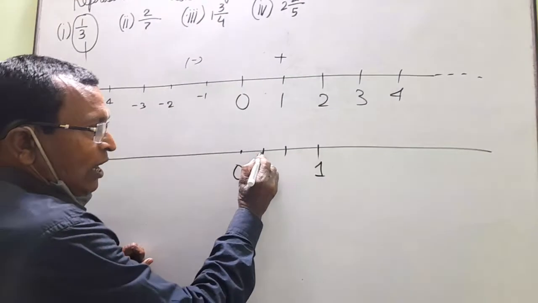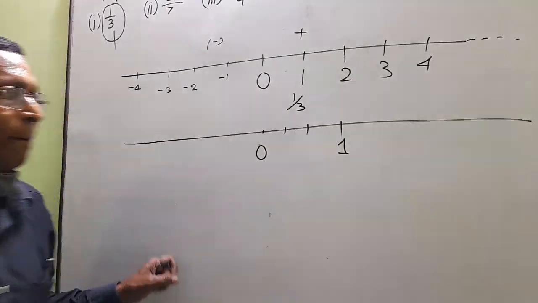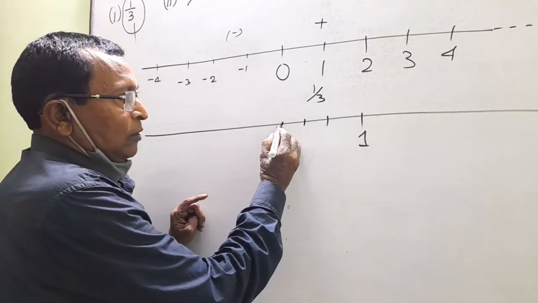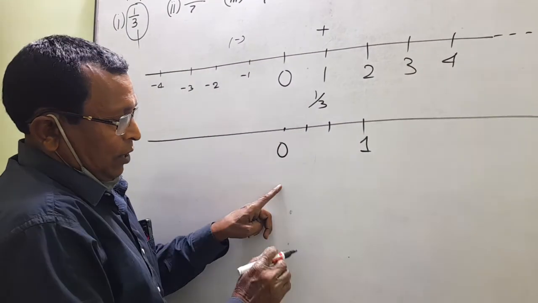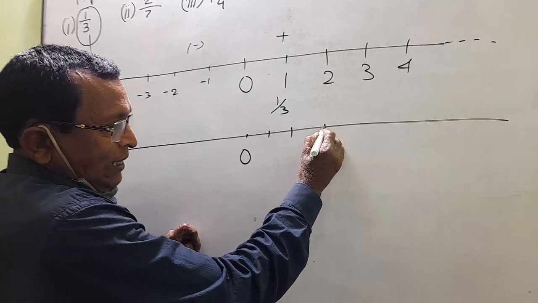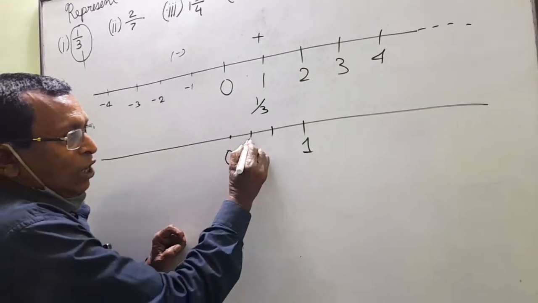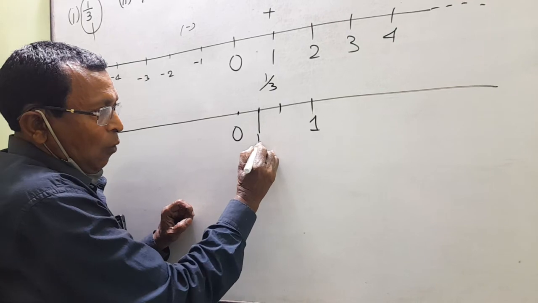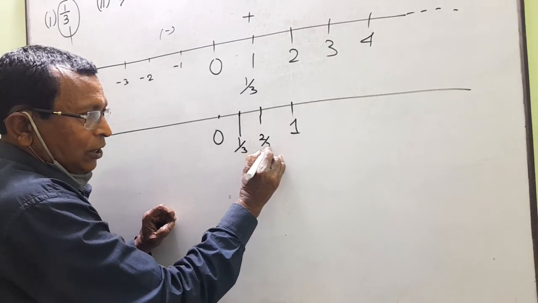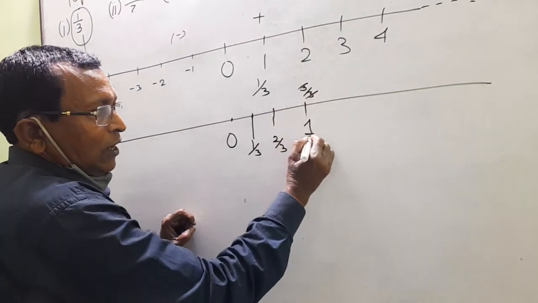Because you are to represent 1 by 3 on the number line, you will have to represent 1 in such a way that it is divided into 3 equal parts. So it will represent 1 by 3, 2 by 3, and 3 by 3, which is equal to 1.